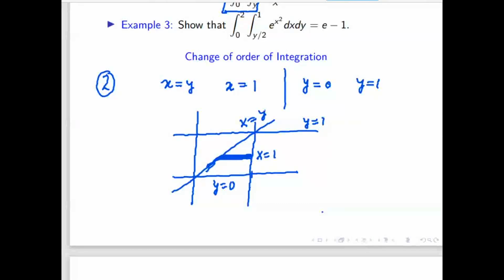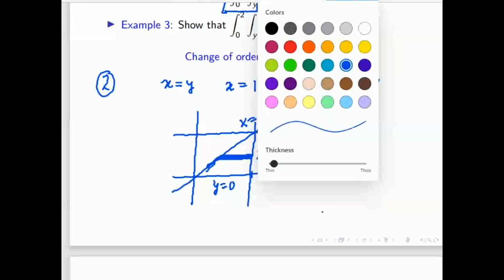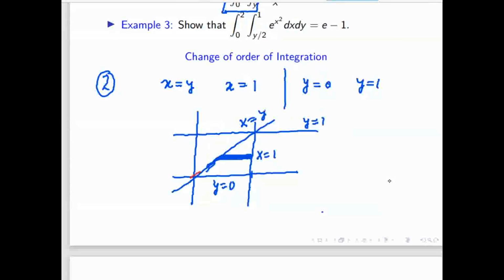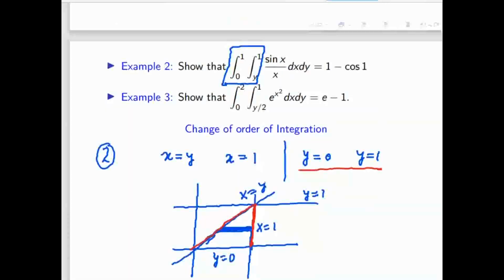So that left end is fixed, it will always be on this line x equal to y, and the right end is fixed. Now we are moving this from y equal to 0 to y equal to 1. That is the meaning, then you will cover this region, right? So along the x-axis we are taking the strip horizontal, parallel to the x-axis, and we are getting exactly what is given here.